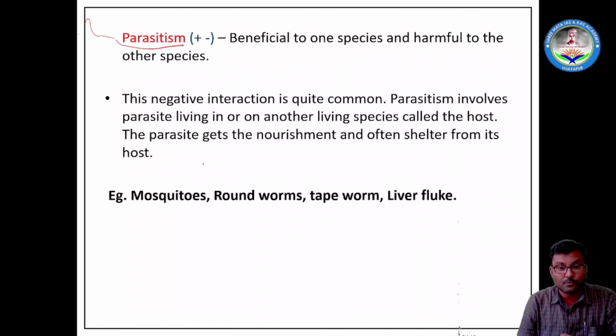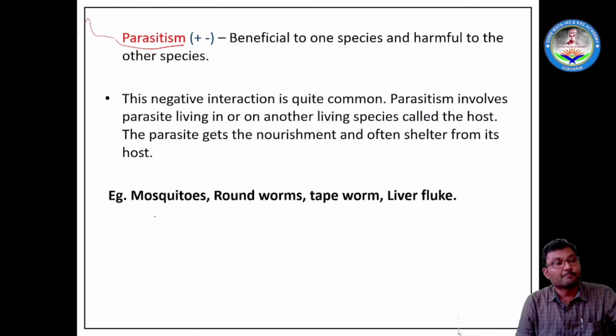And roundworms within our body, tapeworm within the body, and liver fluke also. In parasites, importantly we have two types. One is ectoparasitism and the other is endoparasitism. What is ectoparasitism? If a mosquito bites you, that is called an ectoparasite, because parasites are harming from the outside.